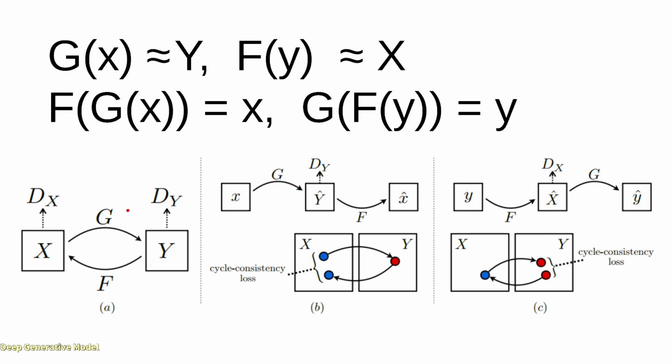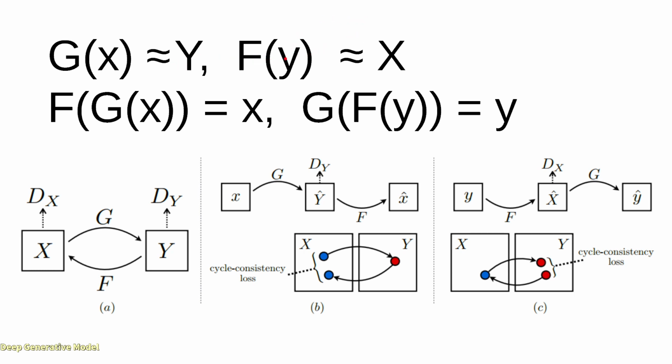What it does is, okay, we have actually two generators. One is from the X domain to the Y domain, and the other is from the Y domain to the X domain. So the first requirement is we wish the output of GX to be something similar to Y, and the output of FY to look like X. So if X is horse and Y is zebra, if we put a horse into the generator and get some output, we wish it to look like a zebra.